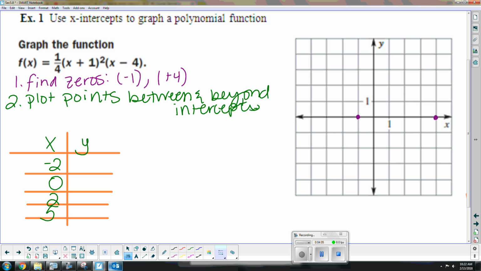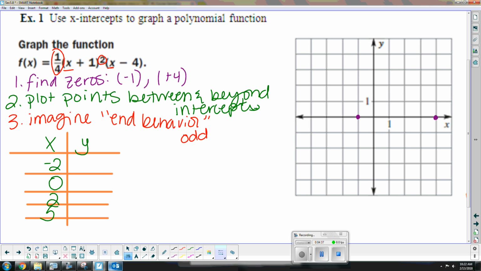So before we actually plot these, let's think about what our end behavior is going to look like. So if we imagine our end behavior, here we have x squared, here we have x. So that's going to be an odd degree.